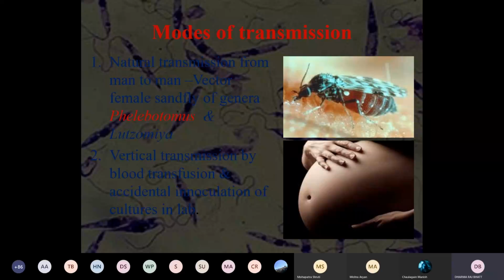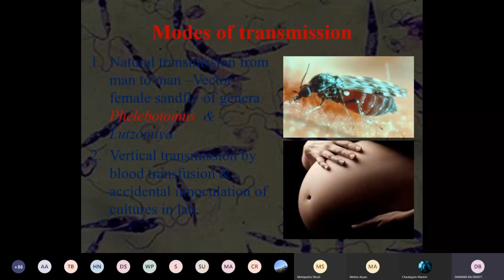That's why they have a tendency to bite any of the warm-blooded animals. If they bite infected humans or dogs, they are likely to ingest a blood meal along with the parasites from the host and become infected.